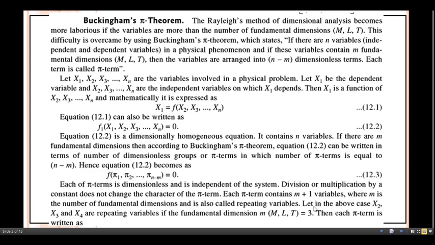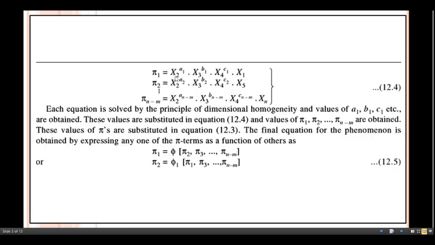and these m variables are also called repeating variables. Let in the above case x2, x3, x4 be the repeating variables. If the fundamental dimensions MLT equal 3, then each pi term is written as pi 1 equals x2 raised to a1 into x3 raised to b1 into x4 raised to c1 into x1.